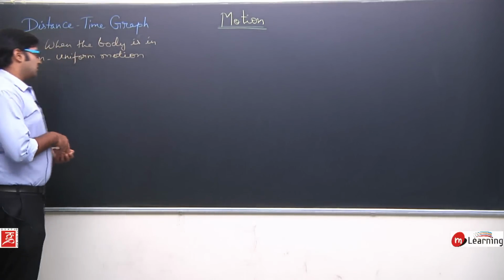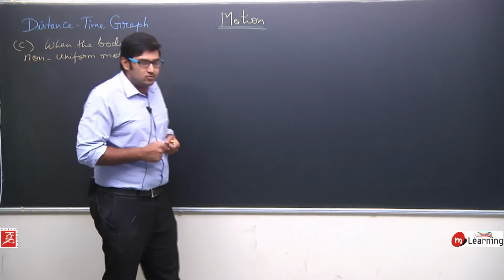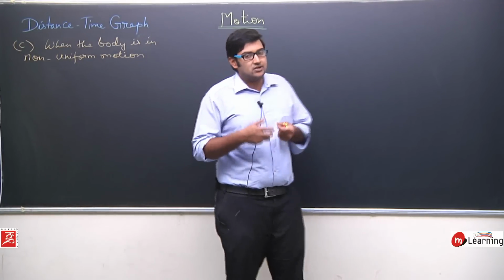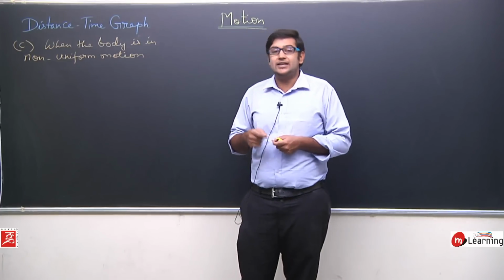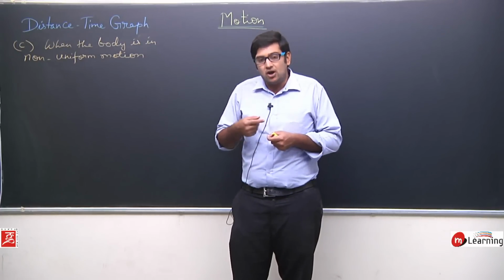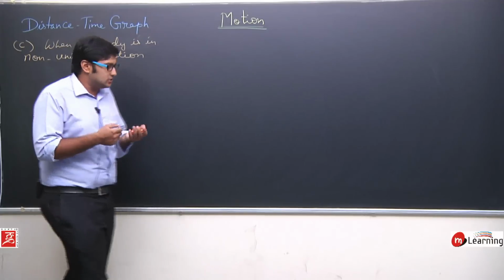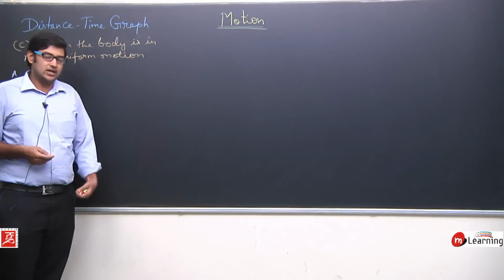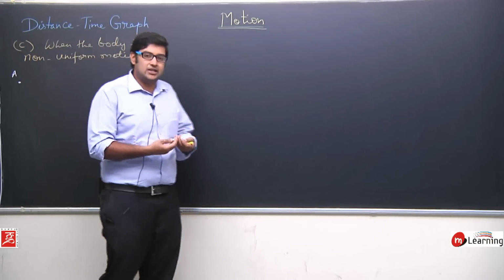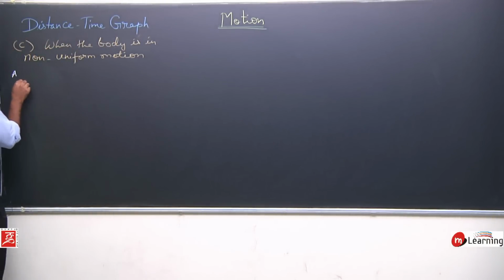See, if the body is performing non-uniform motion, what exactly is meant by non-uniform motion? We discussed earlier that when a body travels unequal distances in equal intervals of time, we call that kind of motion non-uniform motion. Let's assume this is the reference point A, and from this point an object starts its motion, traveling in a straight line.